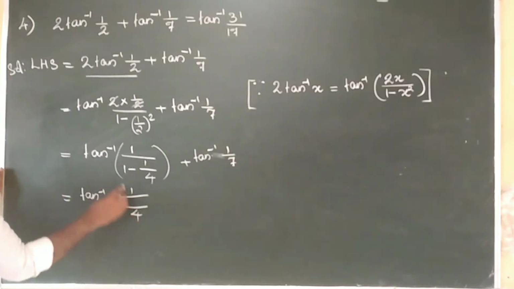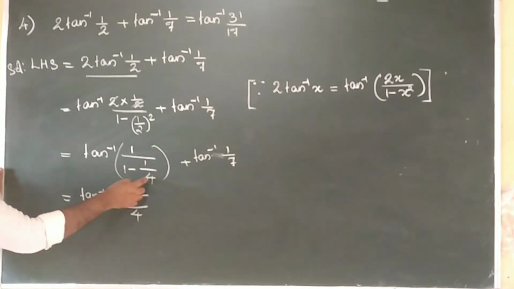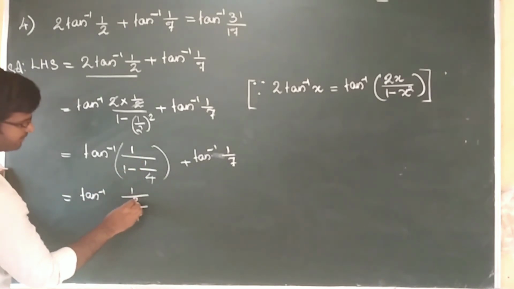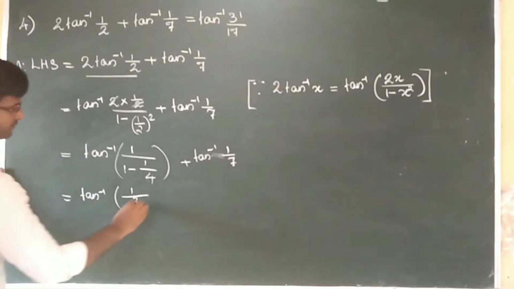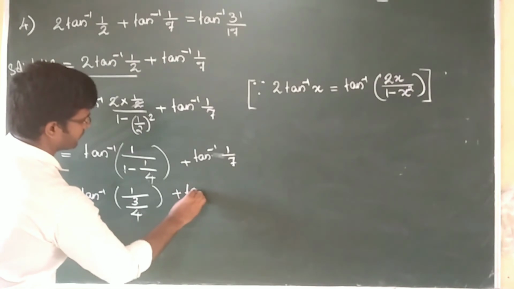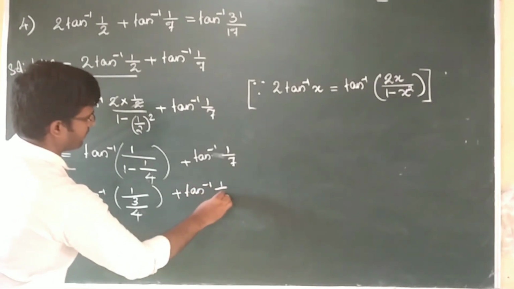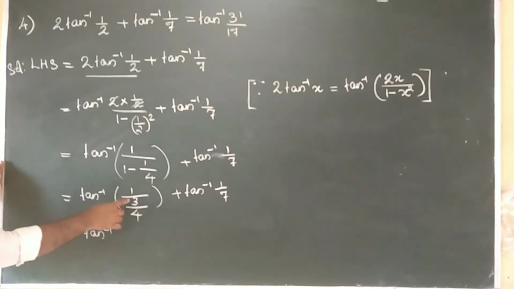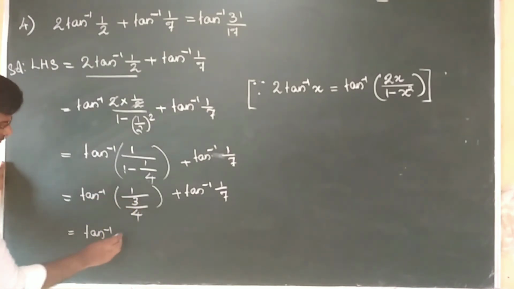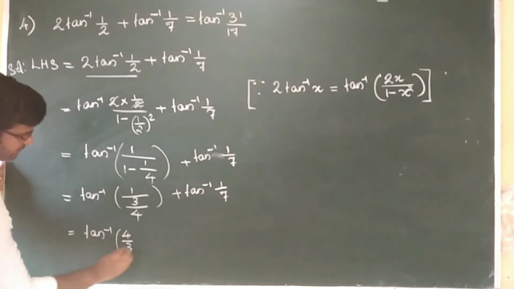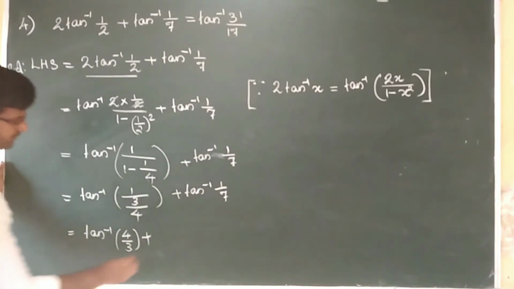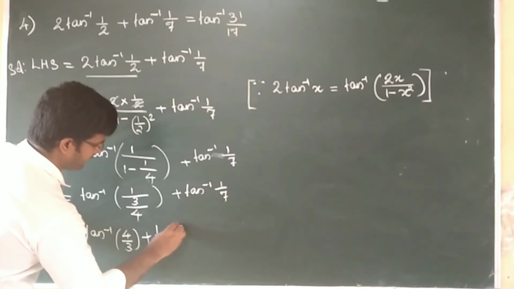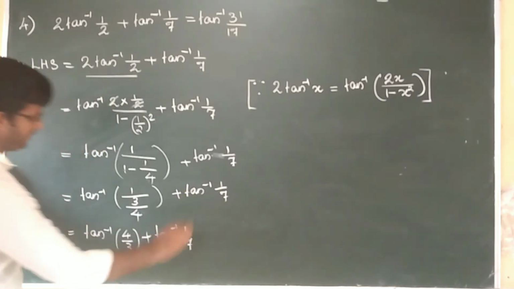Take LCM 4. Then 1 into 4, 4. 4 minus 1, 3. Then take the reciprocal: 3 by 4 becomes 4 by 3. Plus tan inverse 1 by 7.